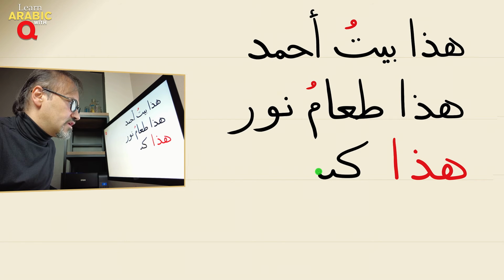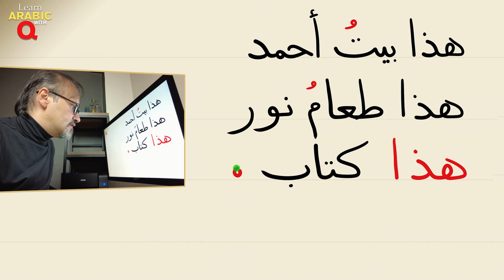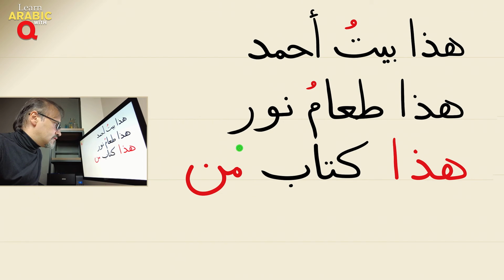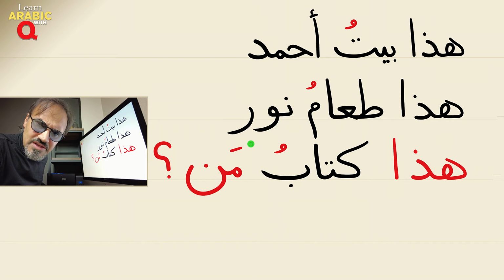It's a book. هذا كتاب من. There's a dhamma over here. Whose book is this? هذا كتاب من.